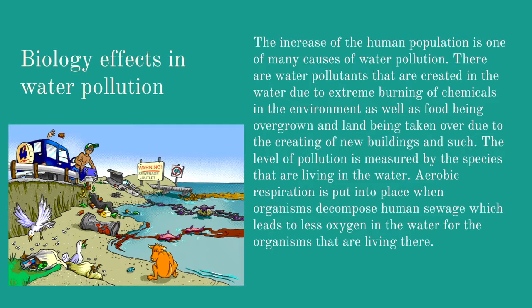Our project on water pollution affects all three of the main sciences: biology, chemistry, and physics, as well as environmental science. It affects the environment and human life by killing many of the plants and animals that are living here due to the pollution that is occurring, since humans are the one main cause of water pollution.